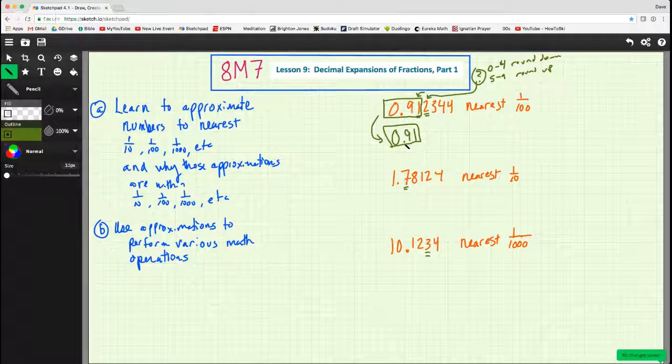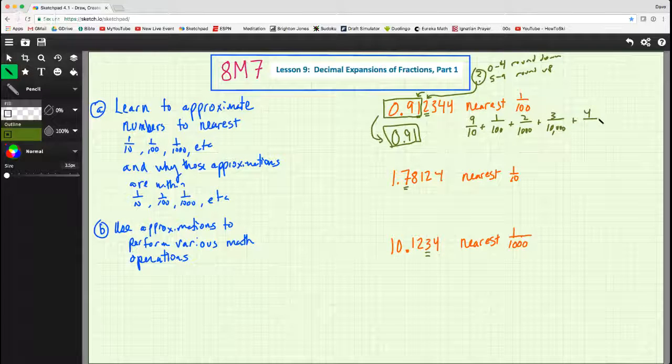Now the question is why, if we round to the nearest hundredth, is our error at most 1/100th? Some of you can maybe just see why, but let's see if I can try and explain. So this number up here, and we did this earlier in maybe lesson 6 or 7, is 9/10 plus 1/100 plus 2/1000 plus 3/10,000 plus 4/100,000.